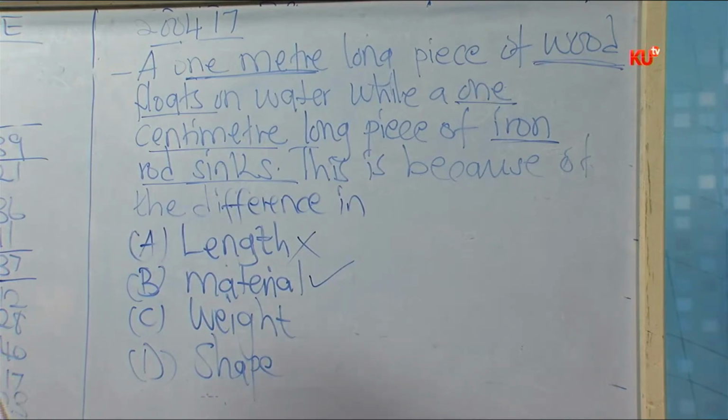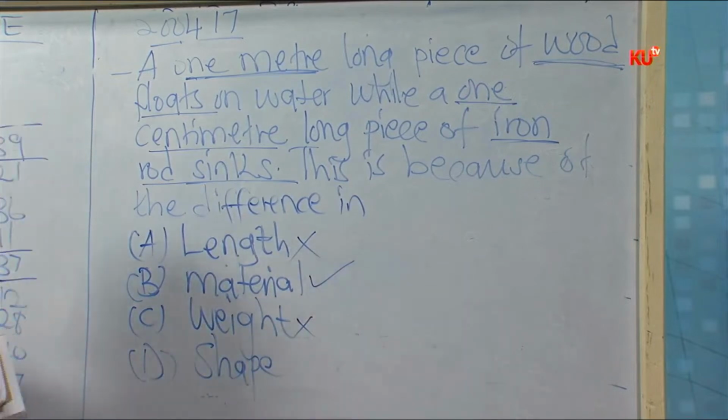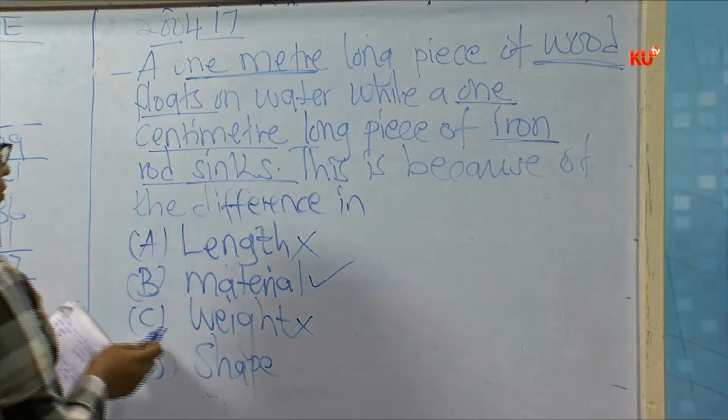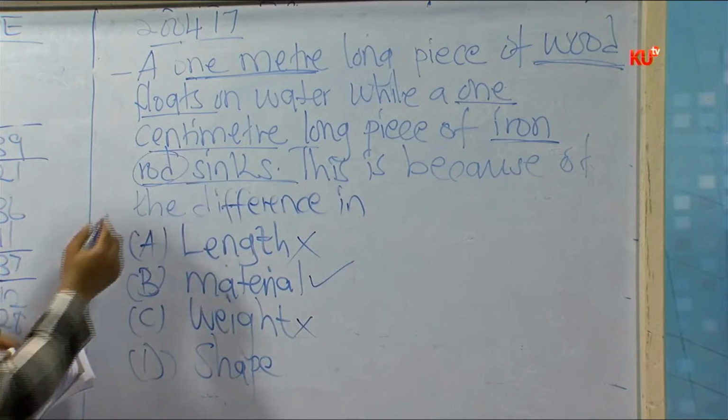Now we look at weight. Weight does not affect floating and sinking, so it is out. Then we look at the shape. We are not given their shapes here, and regardless of their shapes, wood will always float, while iron will always sink unless the shape has been changed. So it is not because of the shape, because we are told that it is an iron rod.